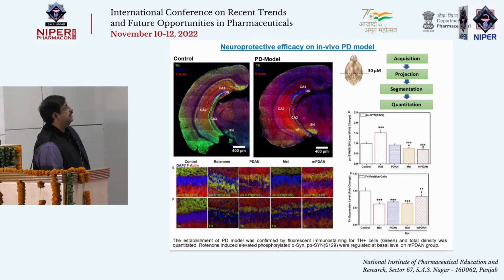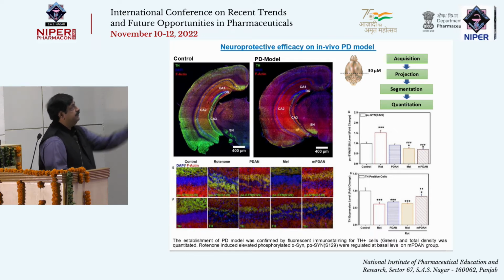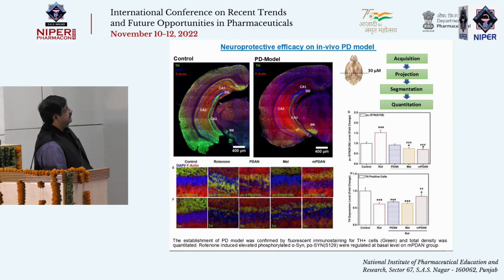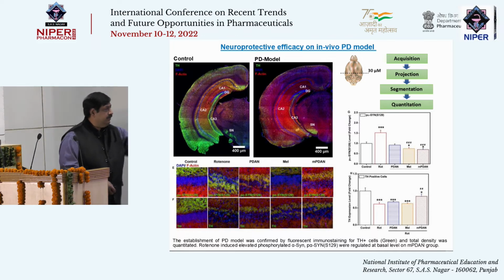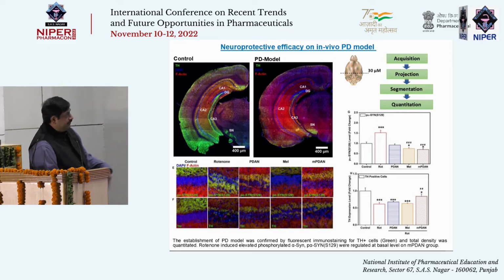You can see the dopaminergic neurons are completely lost in the PD model, which was retained at the basal level after the treatment. Also the alpha-synuclein that went up through the rotenone treatment went down in the treatment group. We have represented that graphically, and they are significantly doing this.